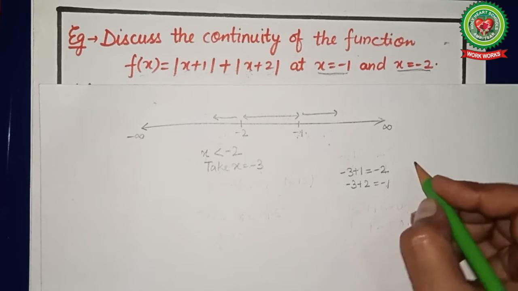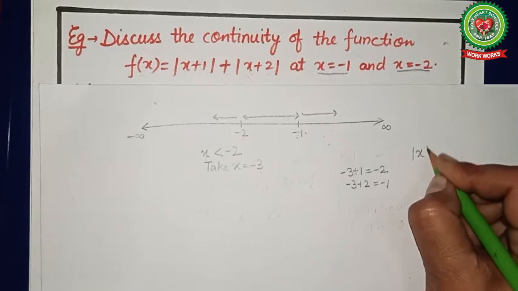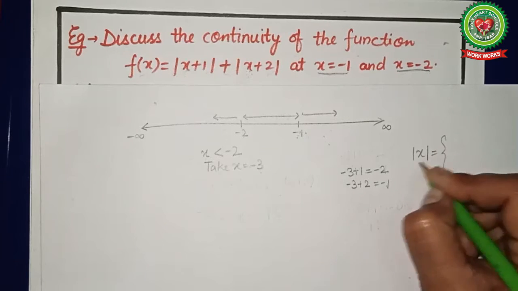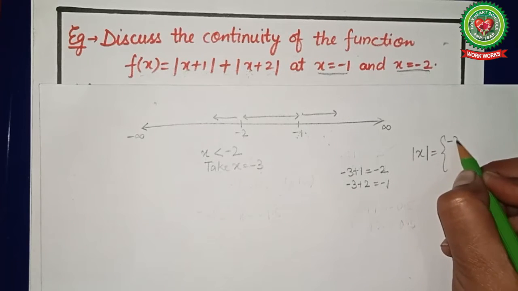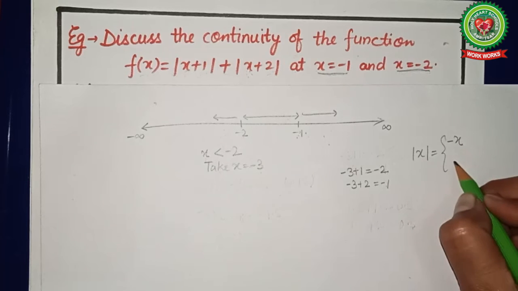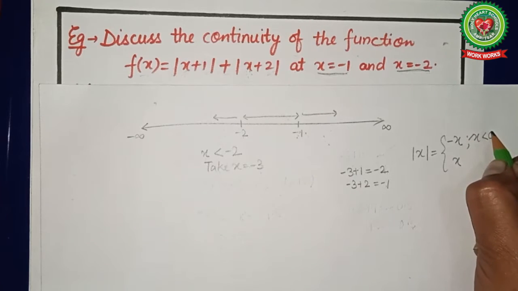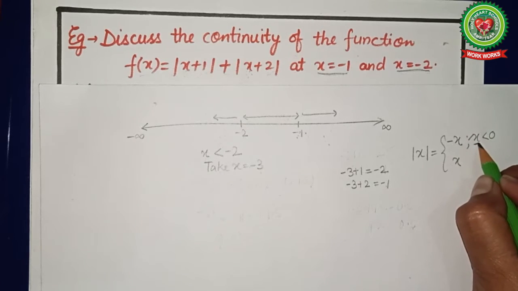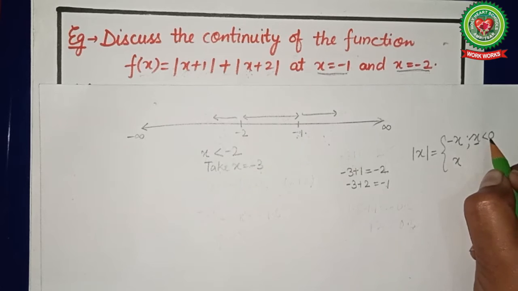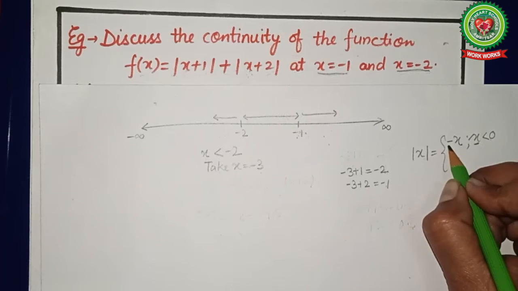According to the definition of the modulus function, it has two values: first is -x, second is +x. Now -x applies when the value of x is less than 0, which means when the inner value is negative, it will have a negative sign.